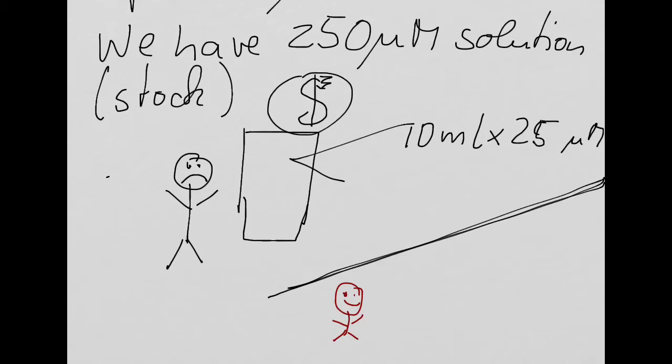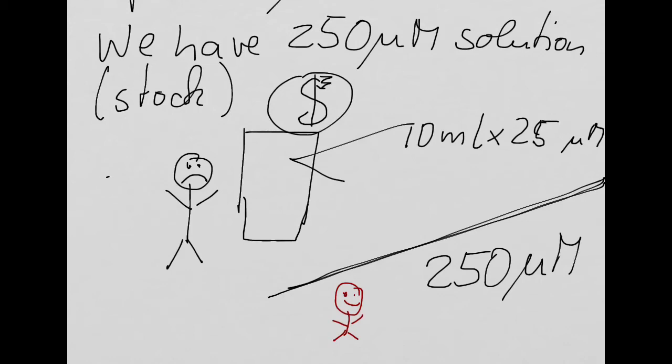Yeah, sorry if I confused you. So I want 10 milliliter, 25 micromolar. The pharmacist says, I'm so sorry. We don't have 25 micromolar. We only have 250 micromolar. What can we do?